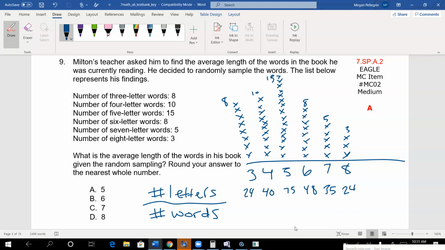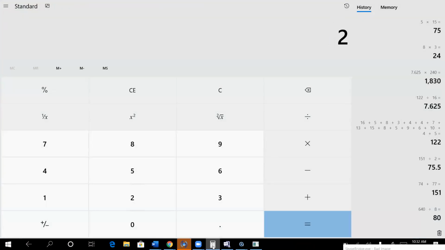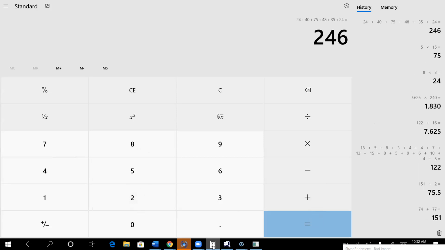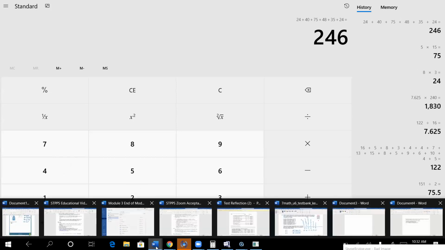So then if I add all of those numbers together, 24 plus 40 plus 75 plus 48 plus 35 plus 24, I get 246. 24, 40, 75, 48.